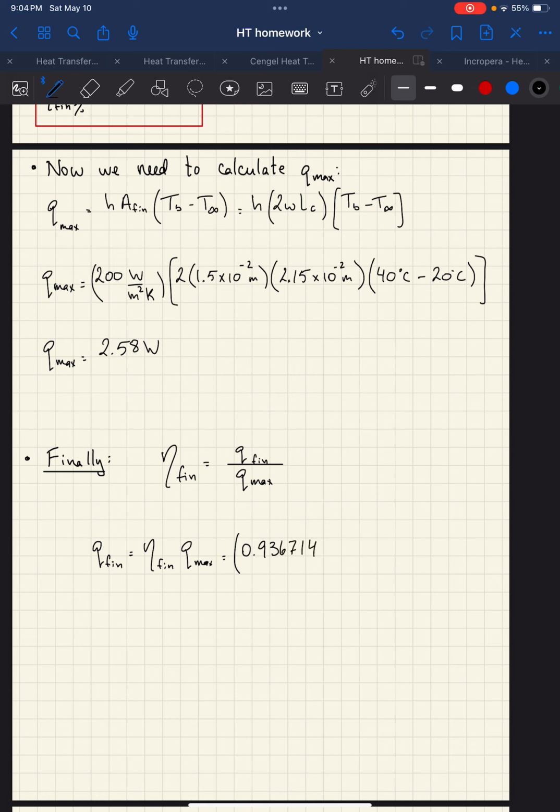Let me just make sure I had this right. 0.936714. Good. Q max is 2.58 watts. And you should get that Q fin is 2.42 watts. And that's how you solve this one.